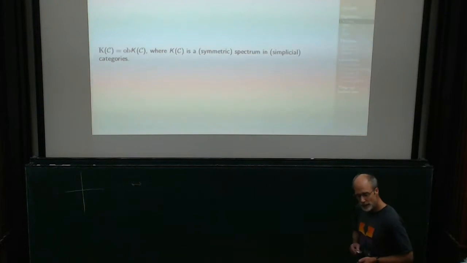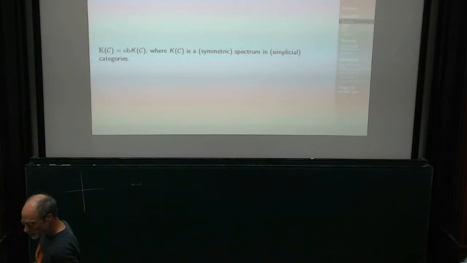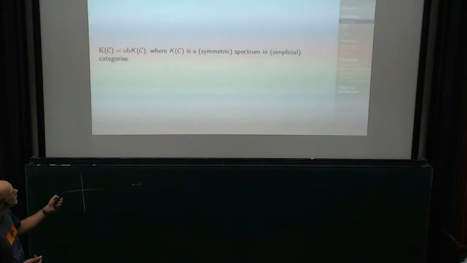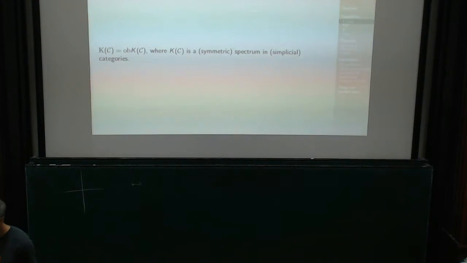Okay, I said that I didn't care about the machine, but there's one thing I want to keep so that I can talk about the setup the way I want to. I want to insist that the K-theory comes as some spectrum, K of C, and it's actually the objects of something that is called K of C again. So say that K of C is a symmetric spectrum. A symmetric spectrum is a simplicial functor from some category to spaces.